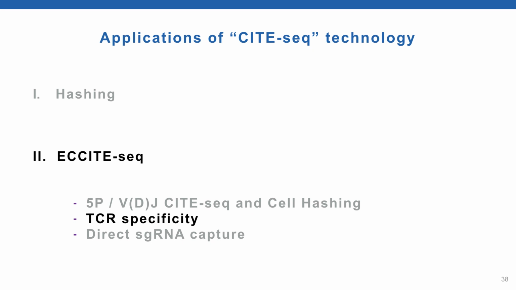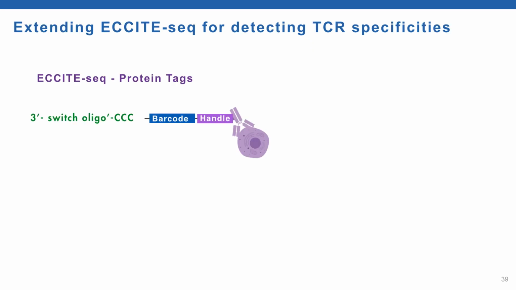So we've worked with him on making this such that it can be read out by a sequencing-based assay. So just to remind, this is what protein tags look like from ECCITE-seq, in this case conjugated to an antibody.